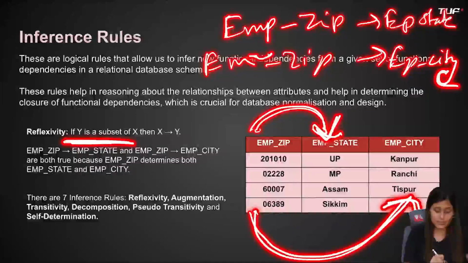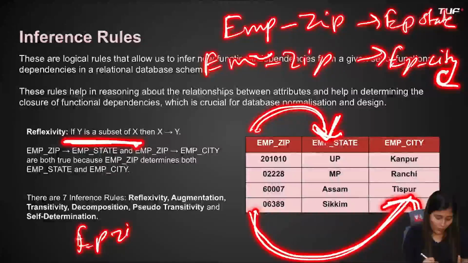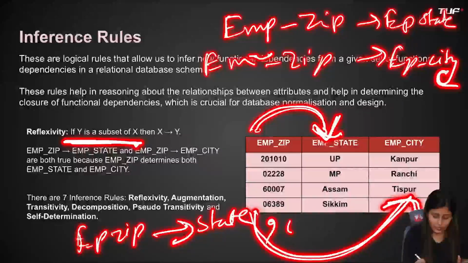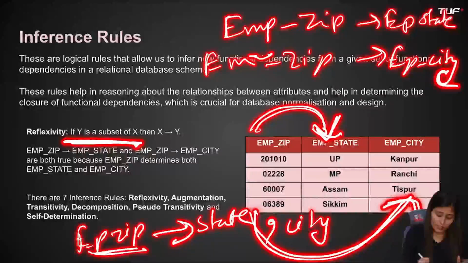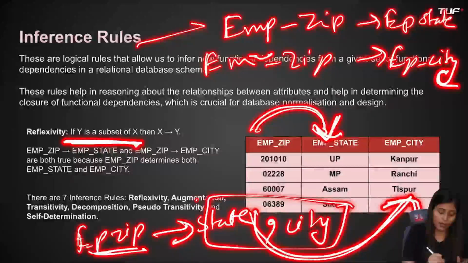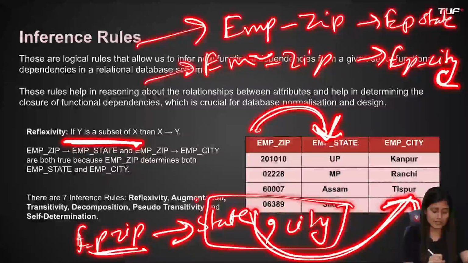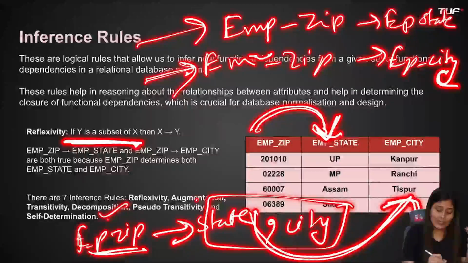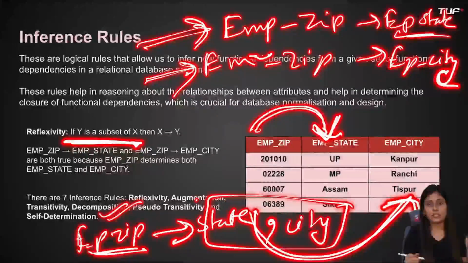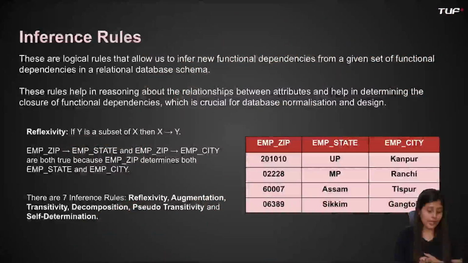Employee zip was determining state and city both, so zip was determining both things. We can divide this into two different functional dependencies, where zip can independently define state and city, instead of combinedly defining them. So this is what reflexivity means.